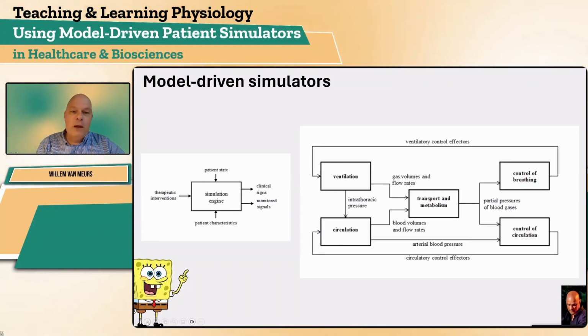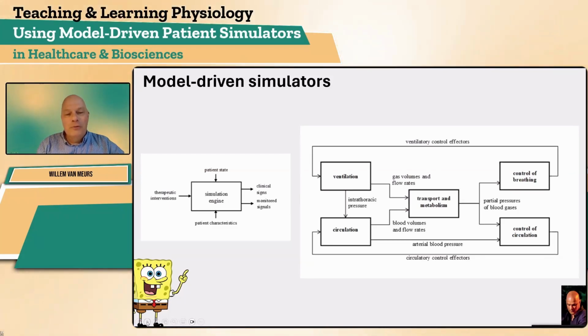And that's when we apply therapeutic interventions, for example, connecting a ventilator or administering fluid.